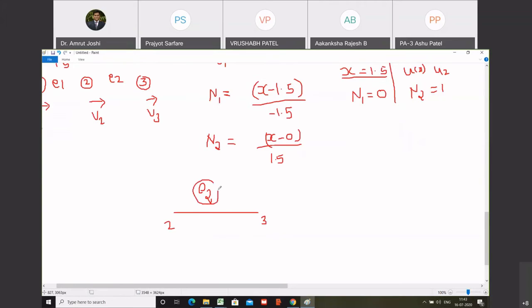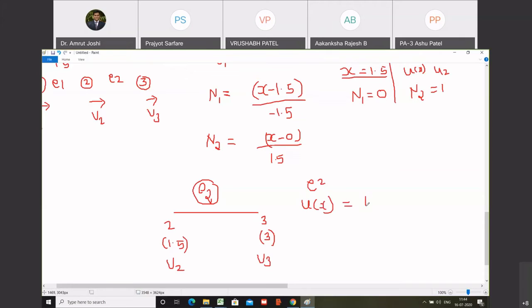Do you agree with me? Now what is the x coordinate here? It is 1.5, and the x coordinate here is 3. Do you agree with me? And I am going to call the displacement at node 2 as u2 and displacement at node 3 as u3. So how do I write u of x within the second element?